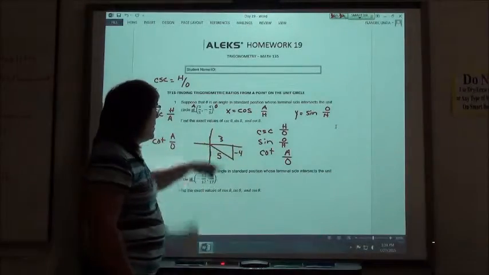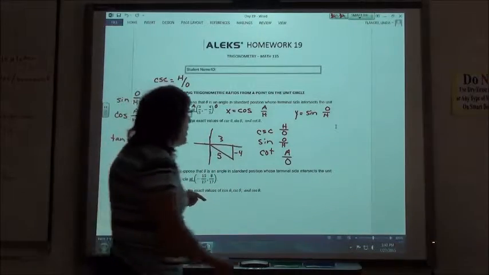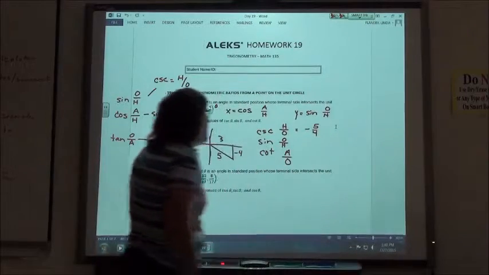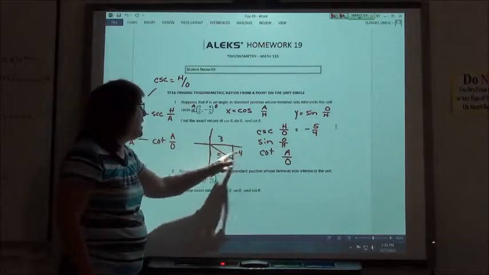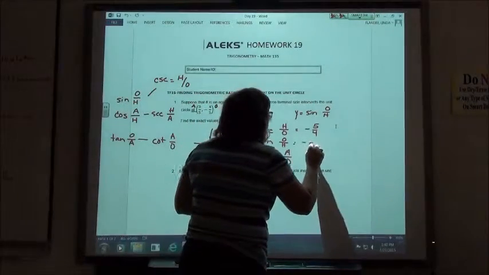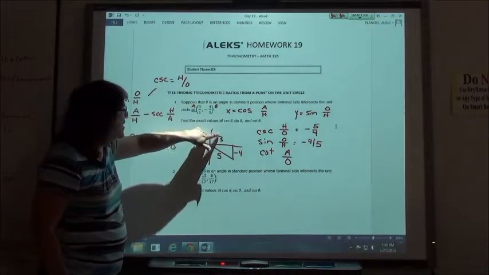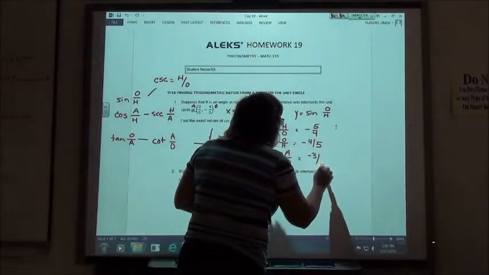So, hypotenuse over opposite, 5 over negative 4 would be negative 5/4 then. Sine is the opposite over the hypotenuse, so negative 4 over 5, negative 4/5. Cotangent is the adjacent over the opposite, 3 over negative 4, so negative 3/4.